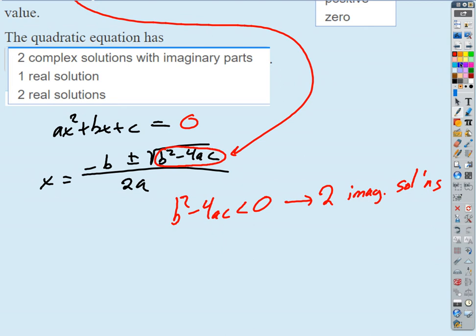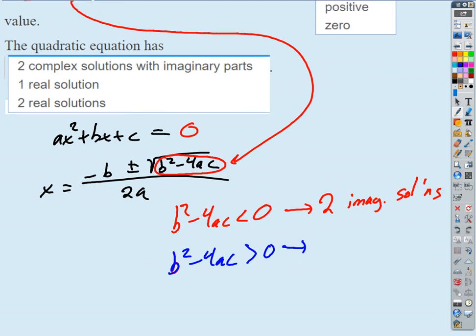If the discriminant is positive, what's that tell us? How many are we going to get? 2, right? 1 for the plus and 1 for the minus, right? In our plus or minus.